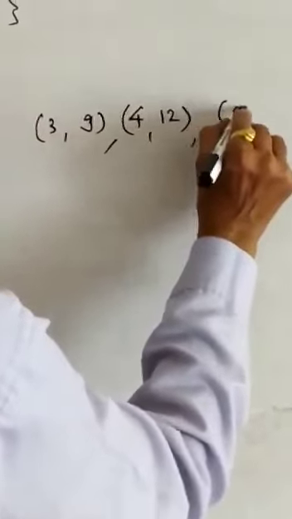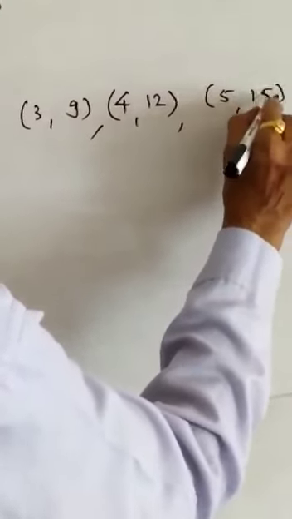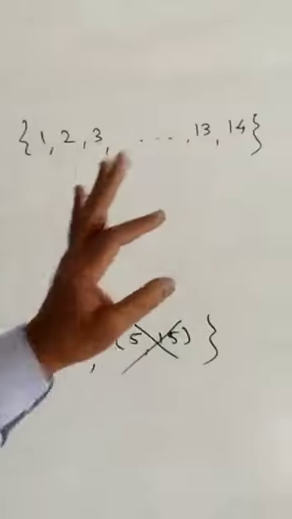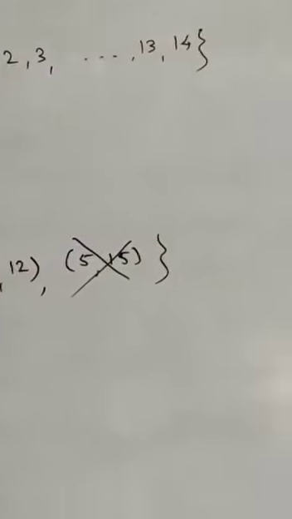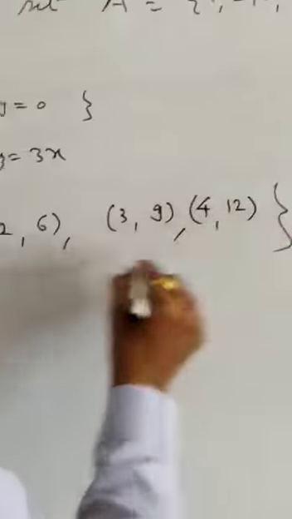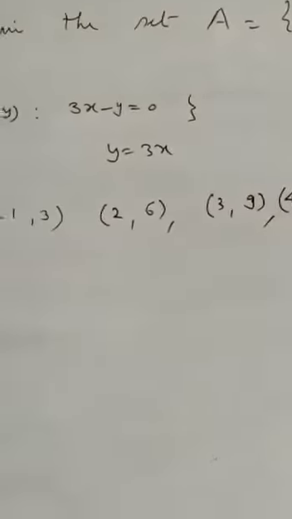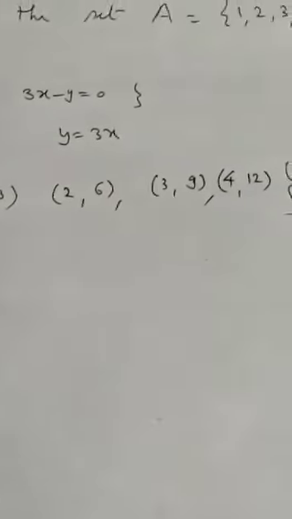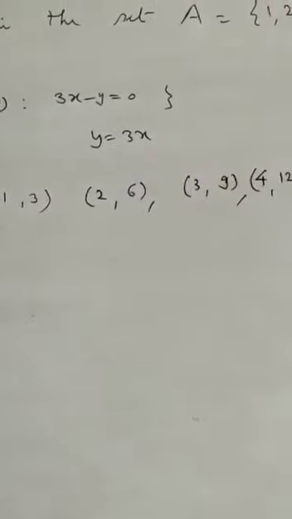When x is equal to 5, this ordered pair is not there in the relation because 15 is not there. Therefore, the relation R consists of these 4 members. Now we want to check whether the relation is reflexive or not.